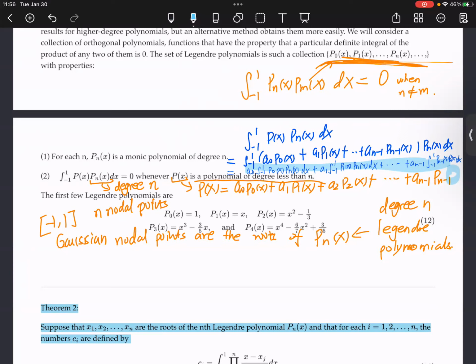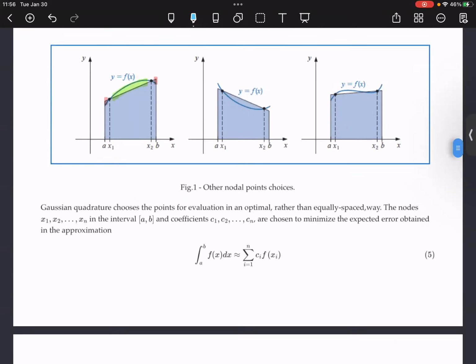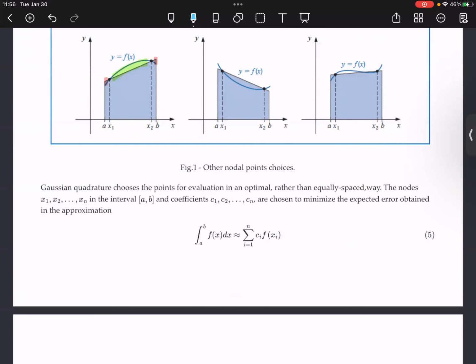For the quadrature rules, the first thing you need is to choose the xi, right? And then you also need to decide the ci, the coefficients as well. What does that mean here? I have the quadrature rule here, and I want this to be exact up to the maximum degree of precision.